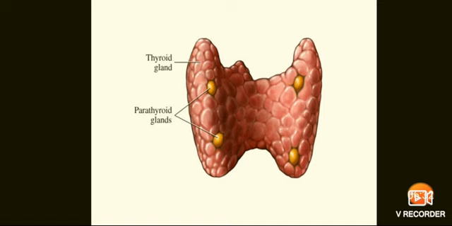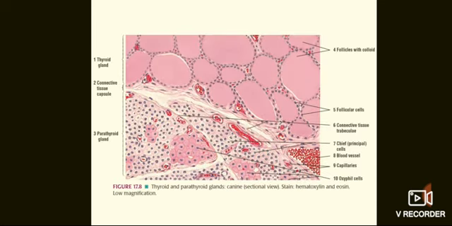Each parathyroid gland is surrounded by a thin layer of connective tissue capsule, and from this capsule septa extend to divide the gland into poorly defined lobules. So this is the capsule of the parathyroid gland, separating it from the substance of the thyroid gland.